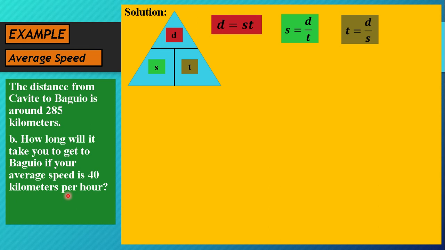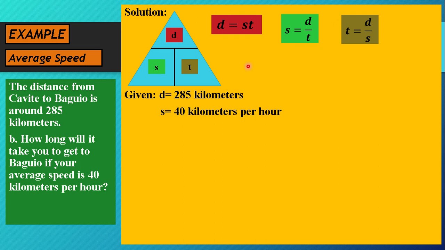Since ang pinapahanap sa atin ay kung gaano katagal makakarating sa Baguio kung ang speed mo ay 40 kilometers per hour, ibig sabihin ang unknown pa rin ay time kasi ang tanong gaano katagal. So, using the DST triangle, ang formula pa rin na gagamitin natin ay ito. T is equal to D over S.